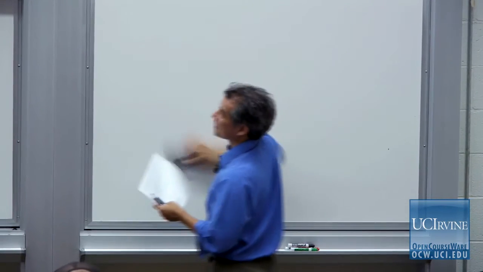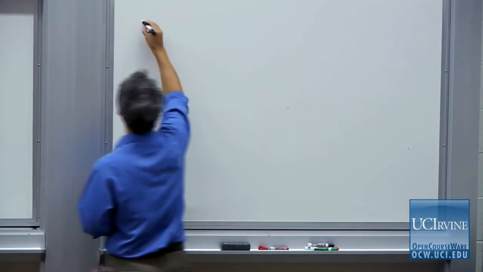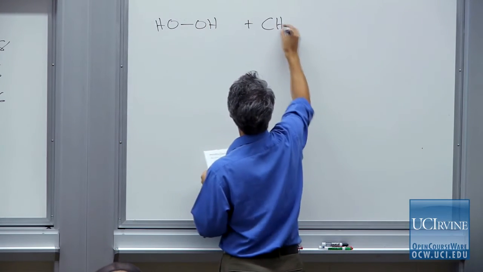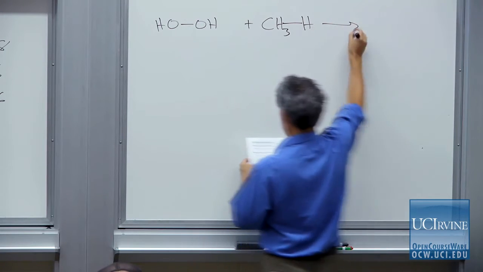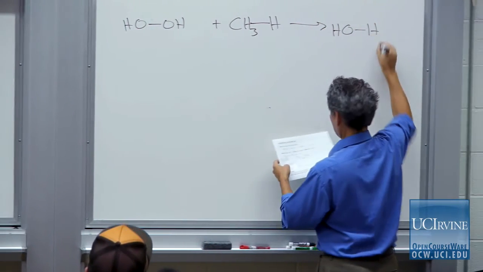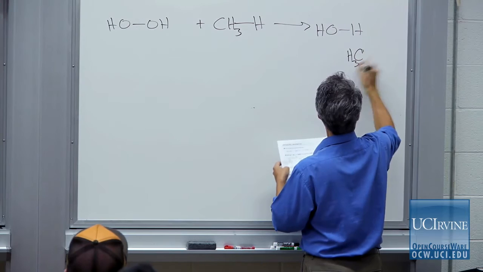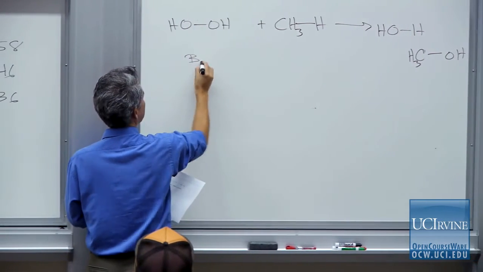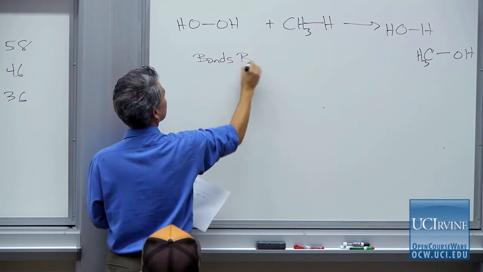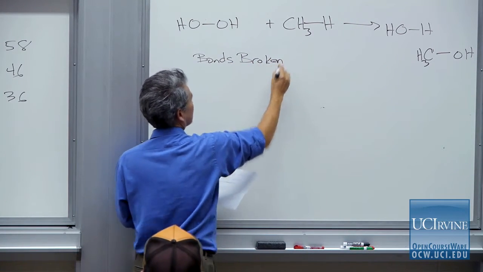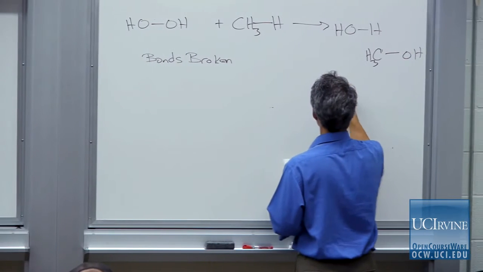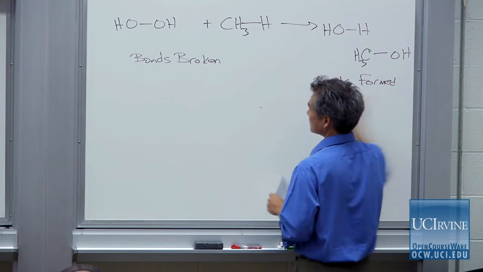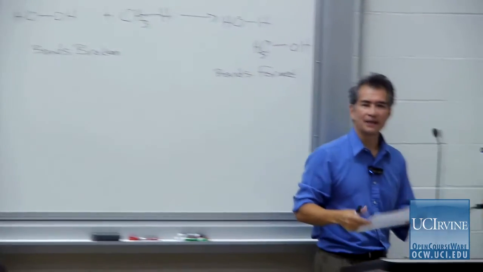I think I erased my equation, so I'll rewrite it here. What I want to do is add up all the energies of the bonds broken, and add up all the energies of the bonds formed. So what's the energy of this oxygen-oxygen bond?